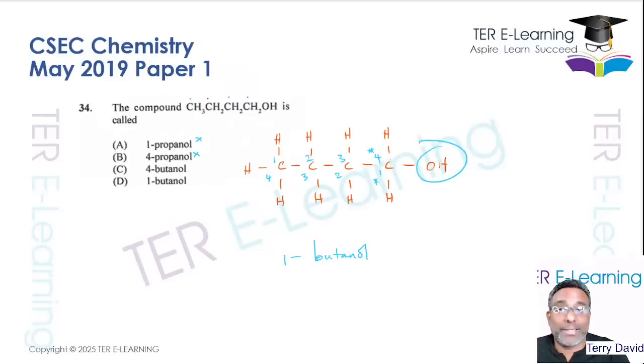So the answer is going to be D. I've seen a lot of students put C as the answer, but the answer in this case here is D. So be careful, right? So that's 34. Question 35.